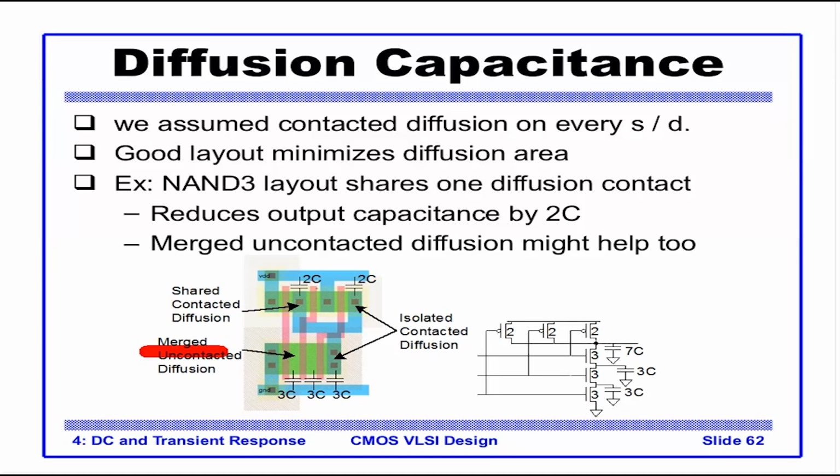And that is why for this NMOS and this NMOS, if there was a contact here and they didn't share the diffusion area, this would see 3C, this would see 3C, and the total would be 6C, but we only say 3C here because they share the diffusion area. So we are assuming that good layout practices will be followed, the diffusion will be shared, and there will not be any contact. This will reduce the output capacitance also. That is why good layout practices are mandatory.